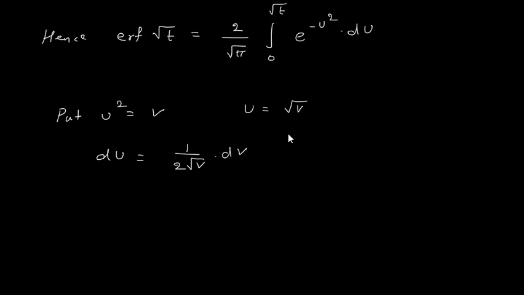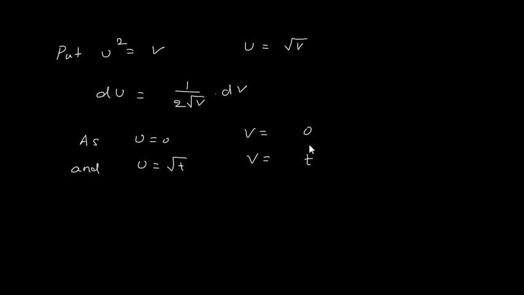Similarly, my limits will change. As u is 0, v is also 0, and as u is root t, v will become t, because v is u square.